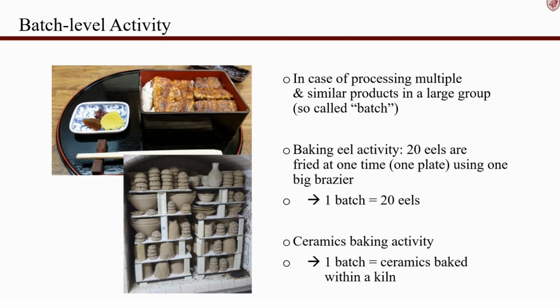Therefore, one batch would refer to these 20 or 30 ceramics baked all together within a kiln. So when we are computing and estimating the cost of baking ceramics, you would not estimate those costs based on each single unit of ceramics baked, but rather based on how many batches are baked.